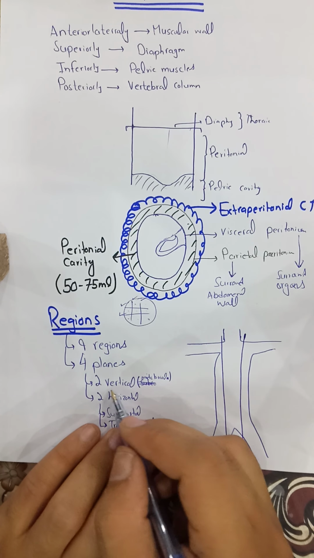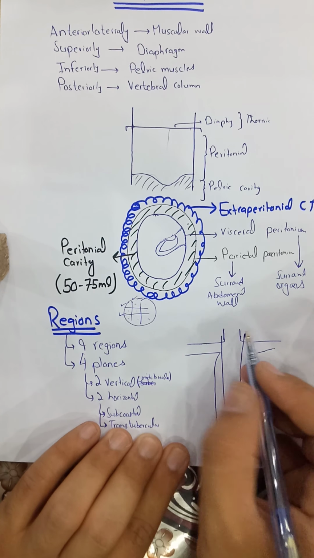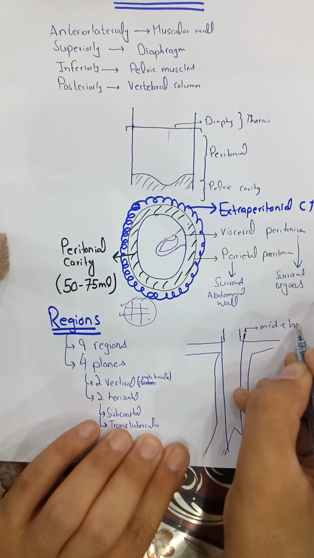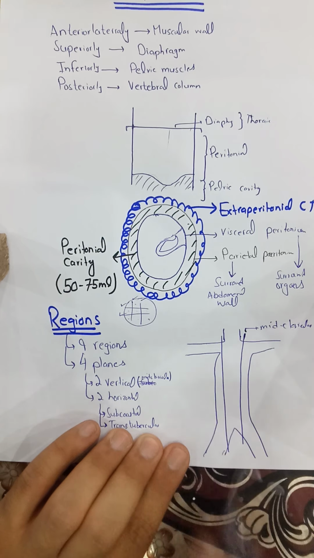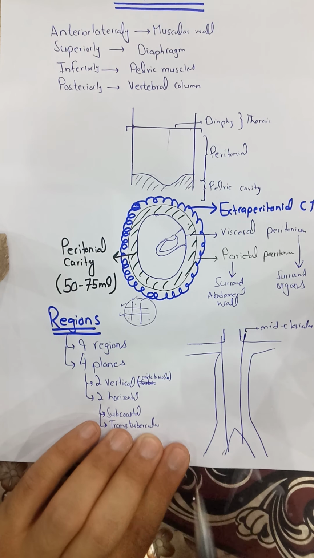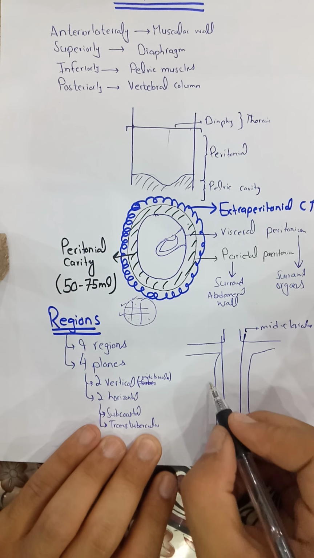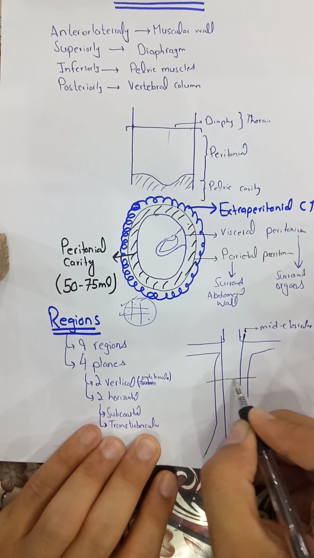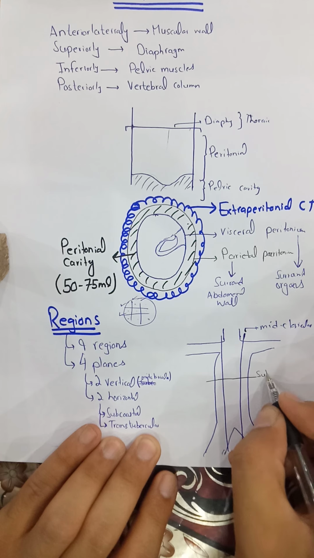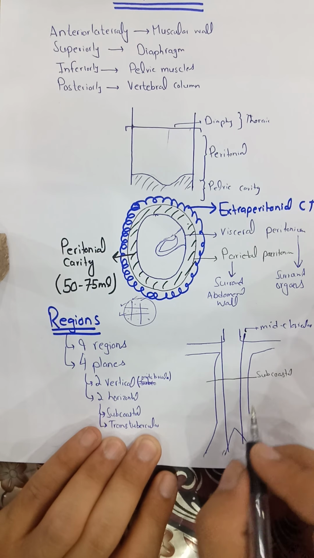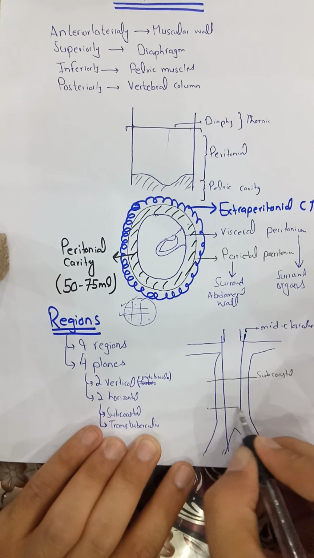Okay, 2 vertical planes, these are the mid clavicular. Now 2 horizontal planes. The first one is the subcostal, like this. This is the subcostal, and the next one will be the transtubercular, like this.